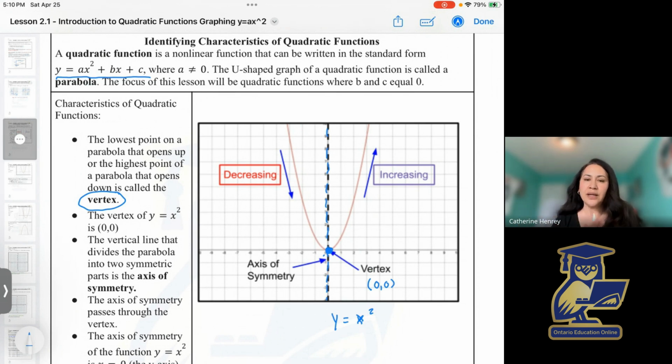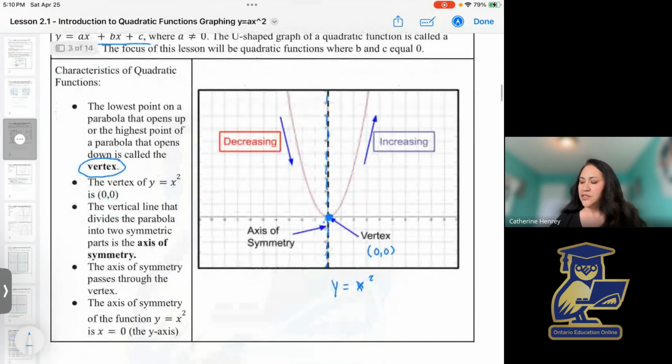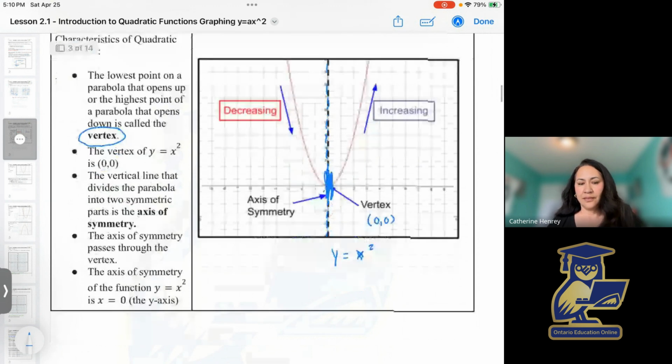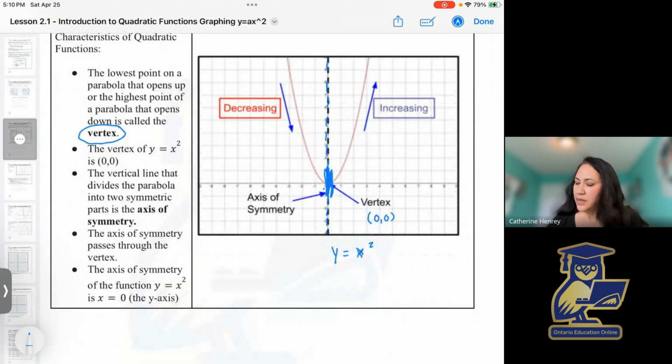If you were to fold it in half, it would map onto each other. So the axis of symmetry passes right through the vertex. Here, because our vertex is 0, 0, our axis of symmetry, which is always written as x equals, in this case, x equals 0.